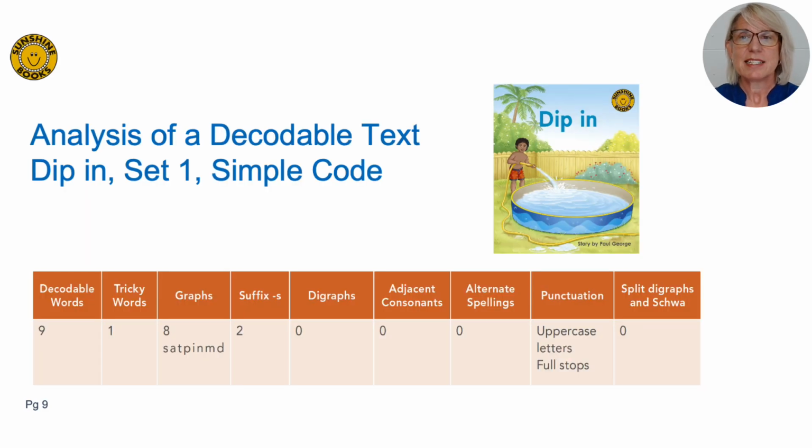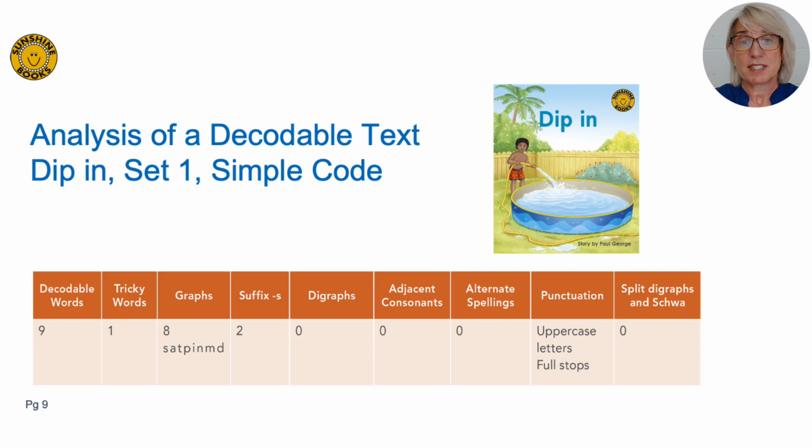So here, let's have a look at the analysis of this text, and we can very clearly see the difference between this one and the previous predictive text. So there are 9 decodable words in total in the book, only one of which was a tricky word, and that was is. So there were 8 representations of sounds in here, and these are the S, A, T, P, I, N, M, D, that are the sounds for this first set of the scope and sequence.